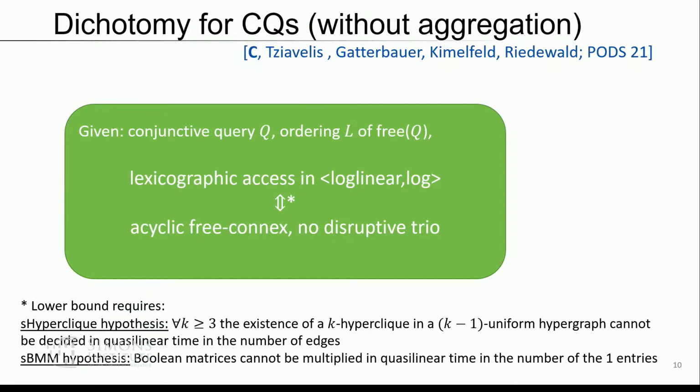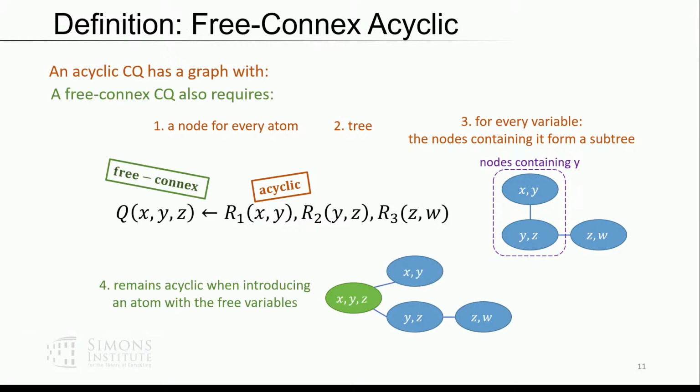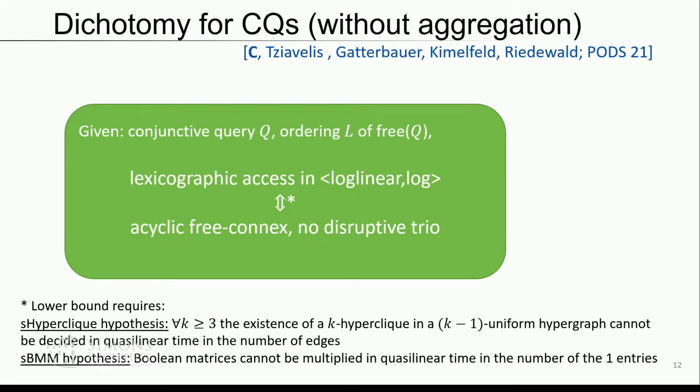It has to be free-connex, which means that, so the definition of acyclic is having a join tree, a free-connex query, on top of being acyclic, needs to also remain acyclic when you add another hyperedge that contains exactly the free variables of the query. So this means that the projections behave nicely.